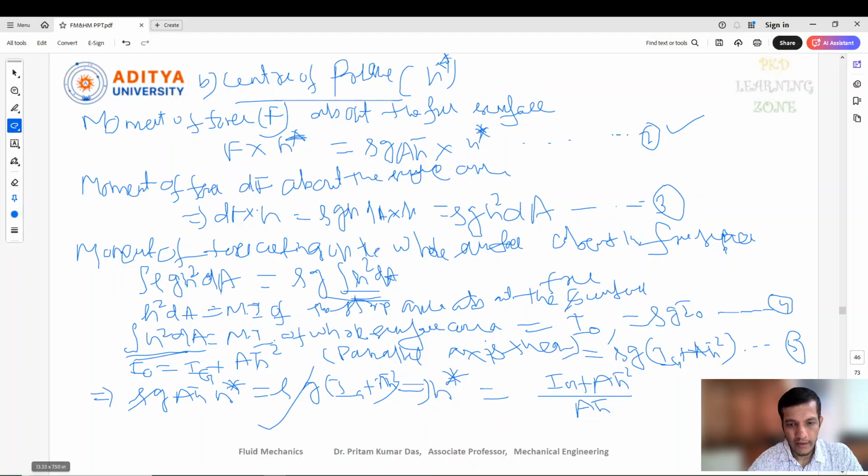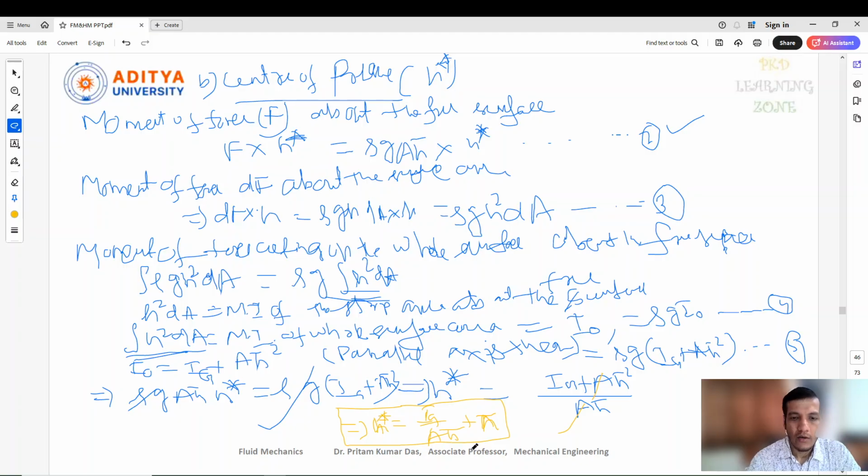Finally, the answer will be h star equal to Ig by A h bar plus A h bar square by A h bar. The A will cancel, only h bar will remain. So this is the final equation: h star equal to Ig by A h bar plus h bar. This is the final equation of the center of pressure.